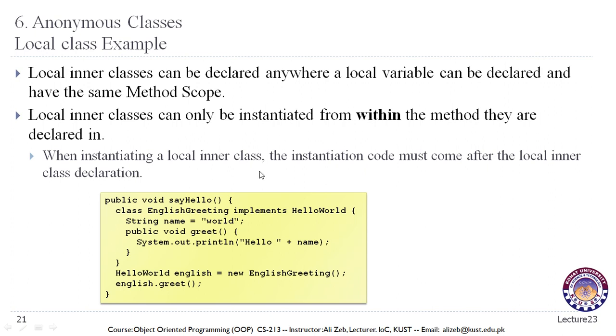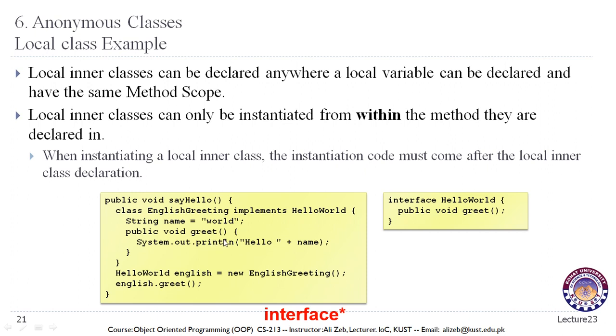For example, we have this method and we have an inner class inside this method, and we are creating an object of this class, instantiating this inner class. We can do that after the declaration of this inner class, and we can access this method that is a method of the hello world interface and has been implemented over here by the local inner class.